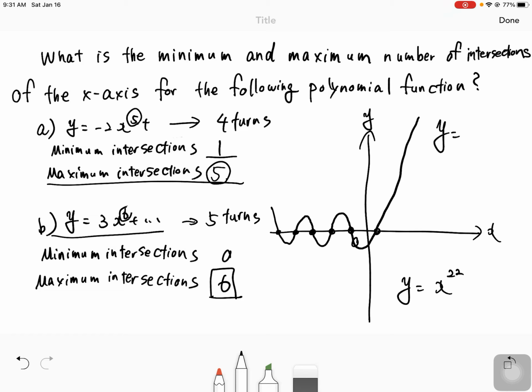If the degree is 3, y equals x to the power of 3, it has 2 turns, 1, 2. So it needs at least 1 x-intersection. This means if the degree is an odd number, I mean 1, 3, 5, 7, 9, 11, it needs to have at least 1 x-intersection.